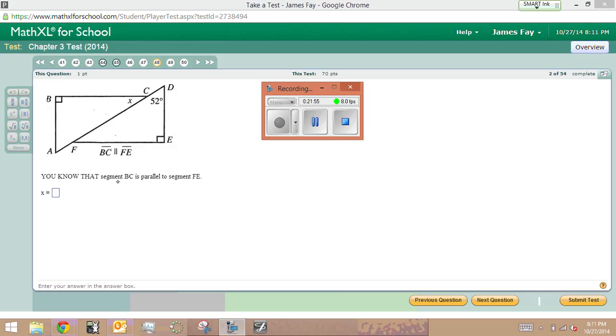Here it says you know that segment BC is parallel to segment FE. That was given right here. They want us to determine the value of x.